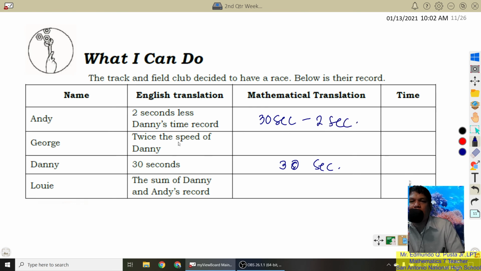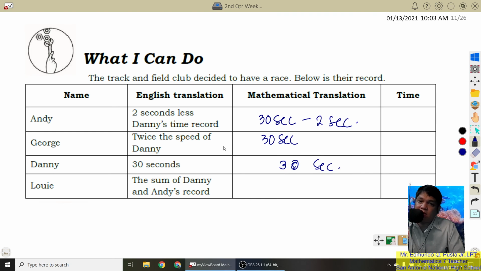Okay? This one is twice the speed of Danny. So, if Danny is 30 seconds, ayan. Siyempre, mas mabilis ng 2 beses. Okay? Is it multiplying 2 or dividing by 2? So, pag mas matagal, anong nangyayari?